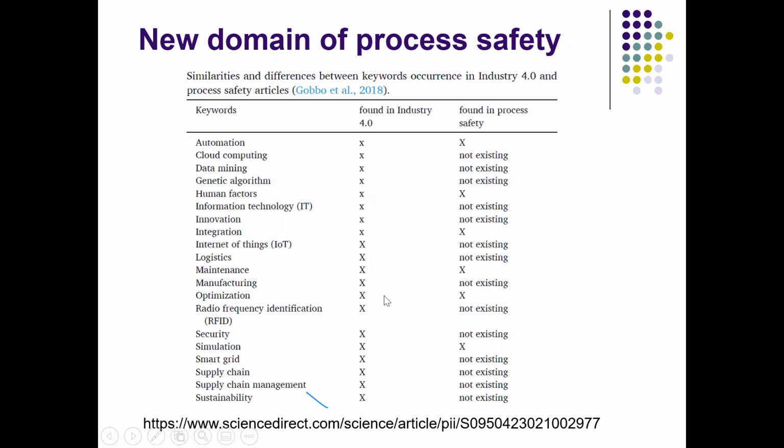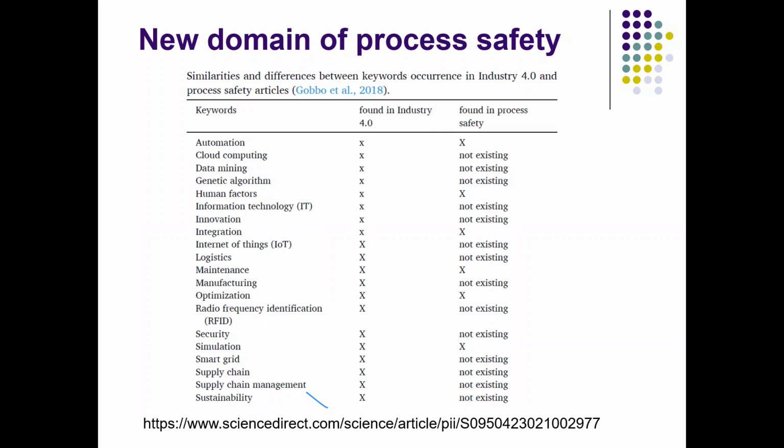Manufacturing, optimization and a new era. But we are studying, luckily, radio frequency identification. Security: you can realize security is now a big issue, especially with these new technologies, the drones and other internet connectivity, cyber attacks, all those things. Simulation: we study simulation a little bit, but maybe in the future we need more extensive simulation to understand the safety of the process.